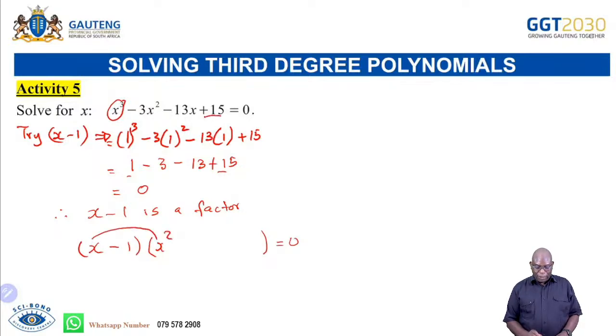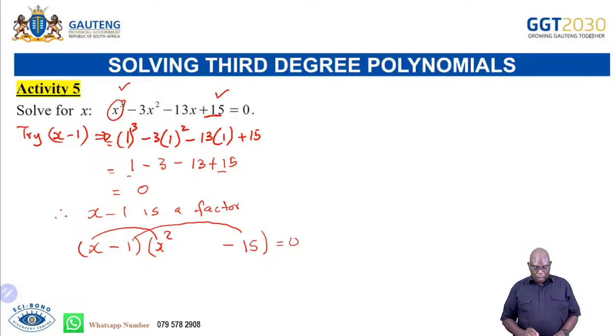For me to get plus 15, I must multiply this minus 1 by negative 15. Right, I'm done with those two. Now I need those other two.